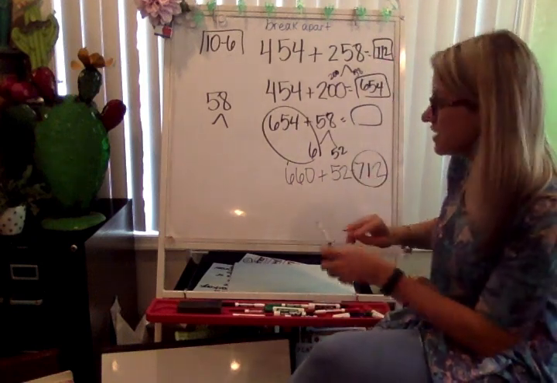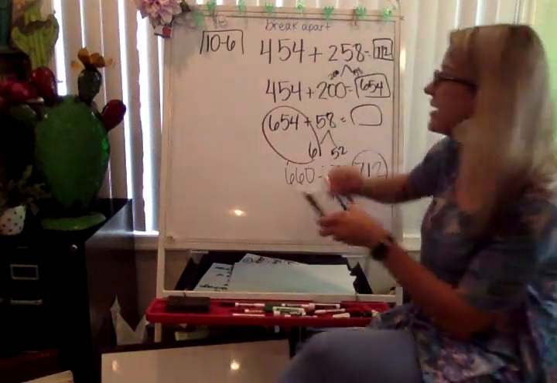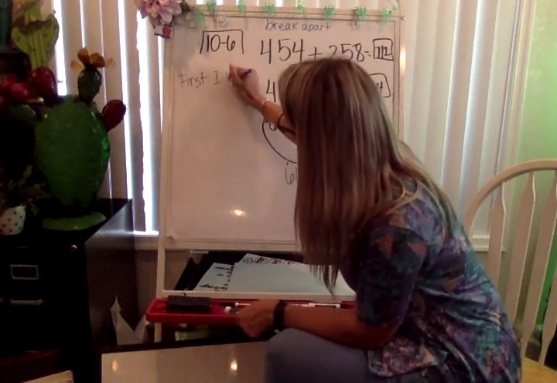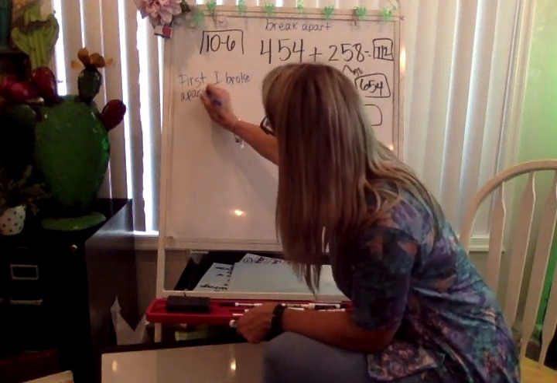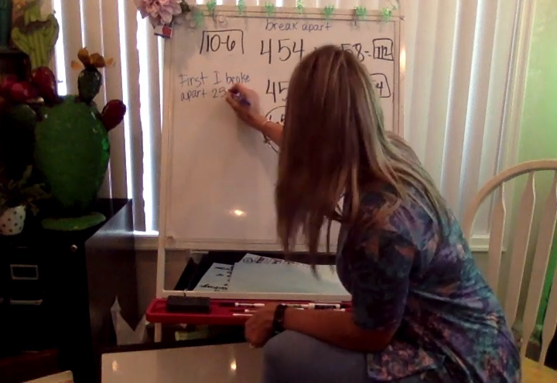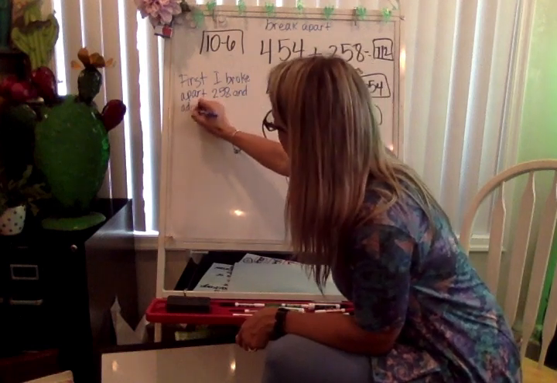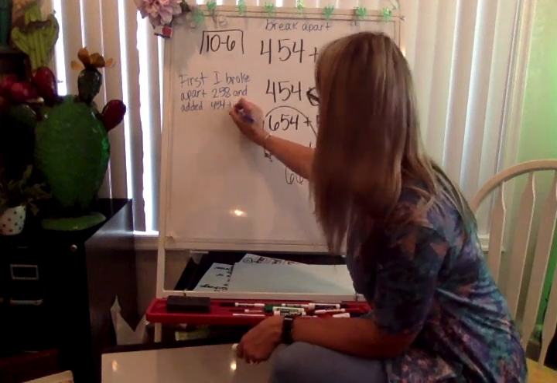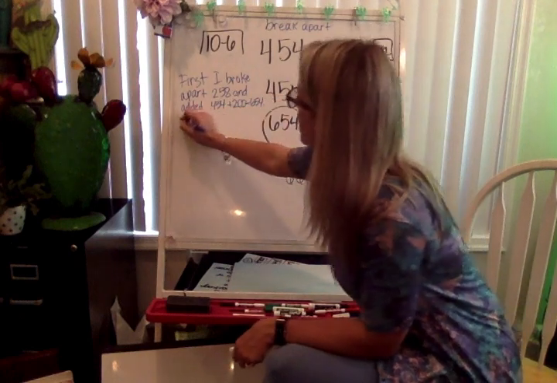When I'm doing this and I'm trying to explain, what I would write is, first, I broke apart 258 and added 454 plus 200 equals 654.